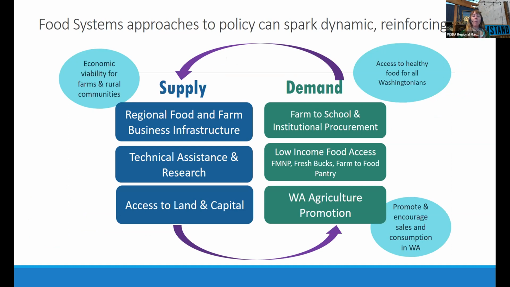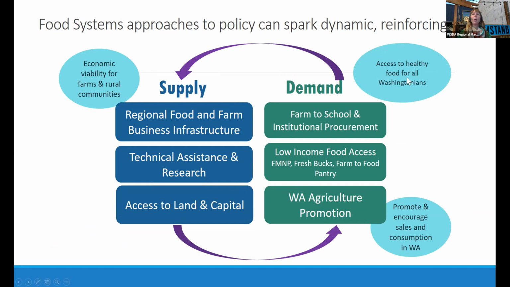So when you take that type of food systems approach to policy, you can see how to start to spark dynamic, reinforcing, positive feedback loops. These here are goals of the Washington State Food Policy Forum that were laid out by the Washington State Legislature.